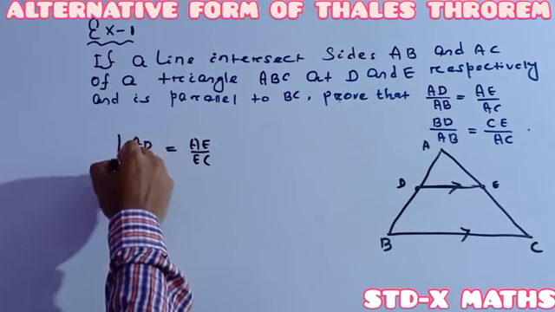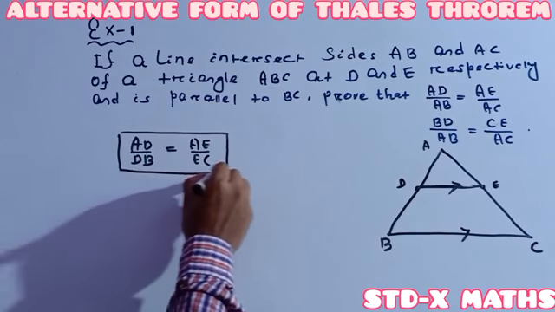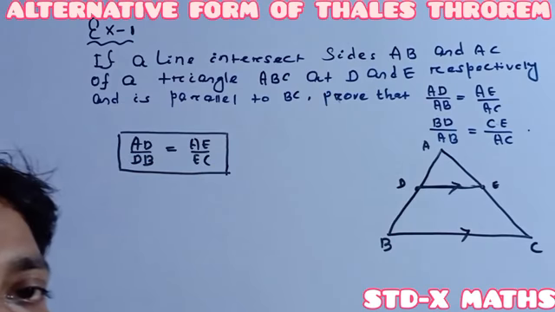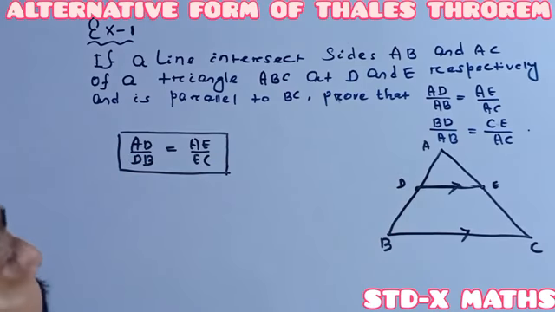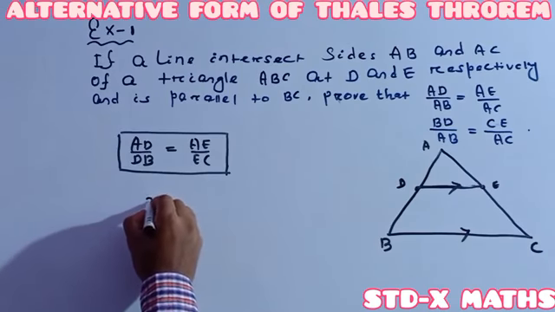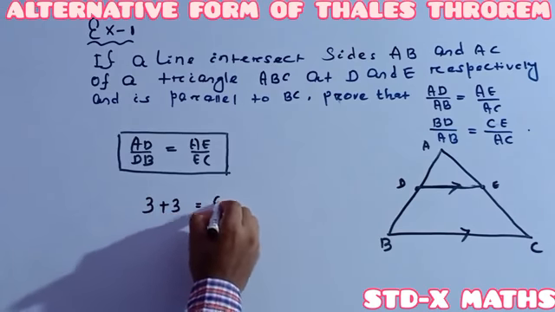Previously the same thing was proved in the basic proportionality theorem, otherwise the Thales theorem. Remember, in the Thales theorem we proved it as 3 plus 3 is equal to 6.